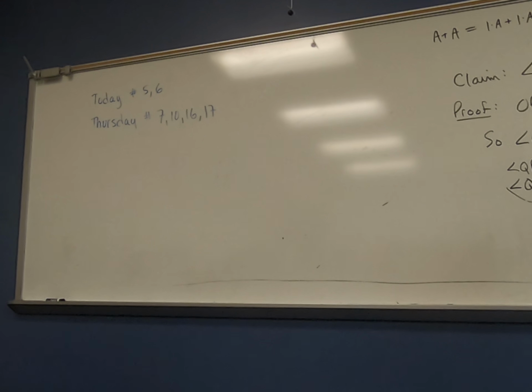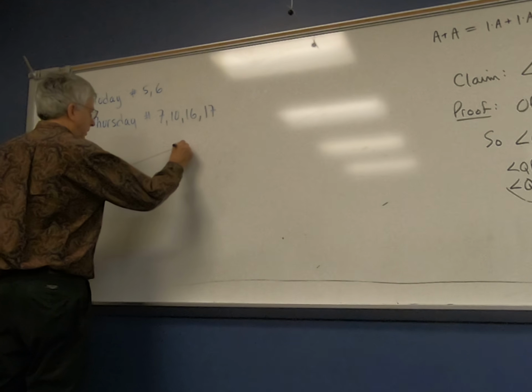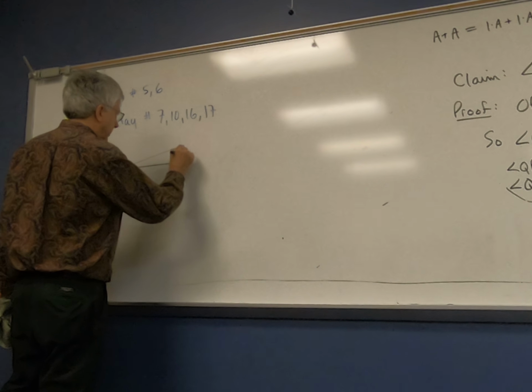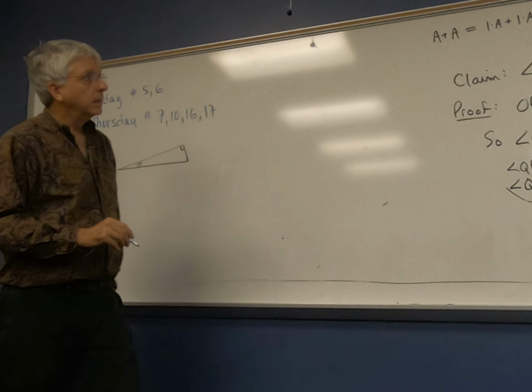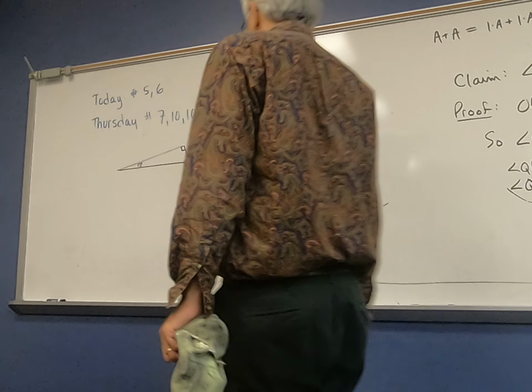But this angle looks to be significantly more than 12 degrees, right? However, let's draw it in the circle. So if we draw a proper right triangle, where this angle here is 12 degrees, 8 minutes and 40 seconds.